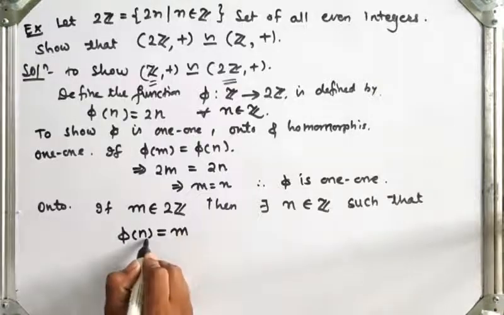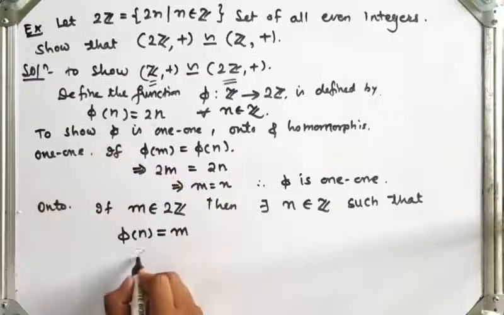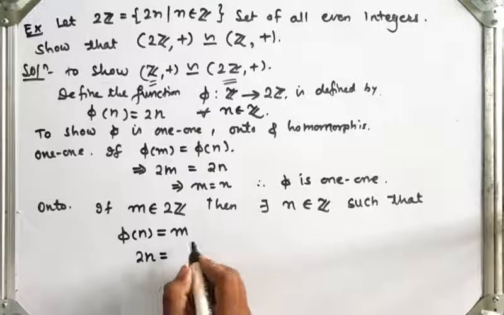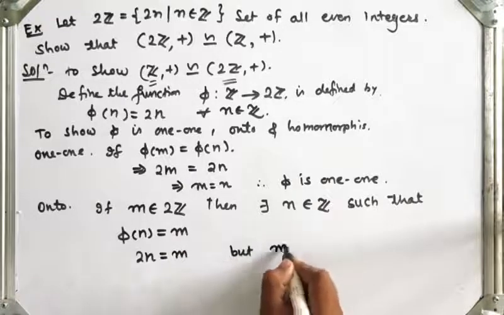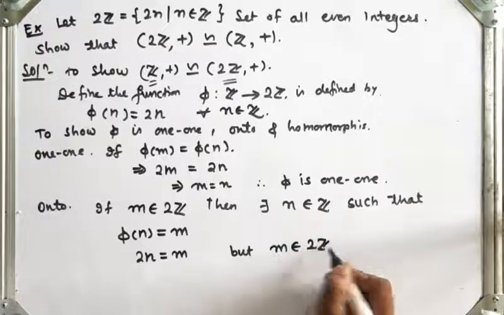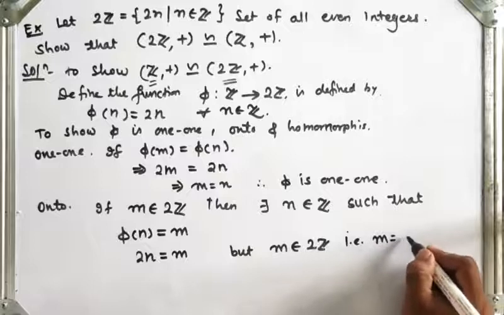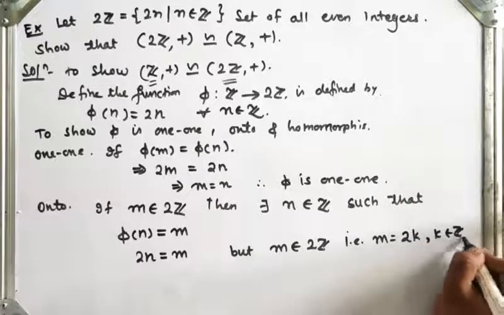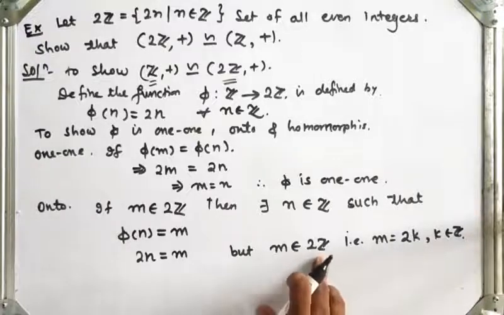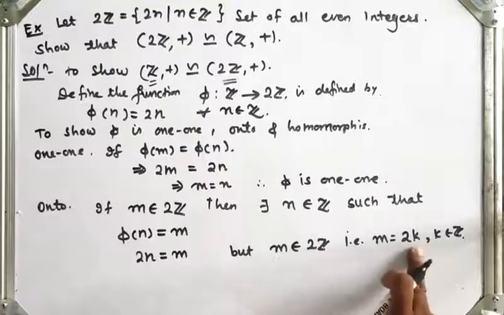So what is phi of n? Phi of n is twice n. Twice n is equal to m, but m belongs to twice Z means that m always is of the form twice k, where k belongs to the set of integers. Twice Z means the set of all even integers, means m is equal to 2k form, right?